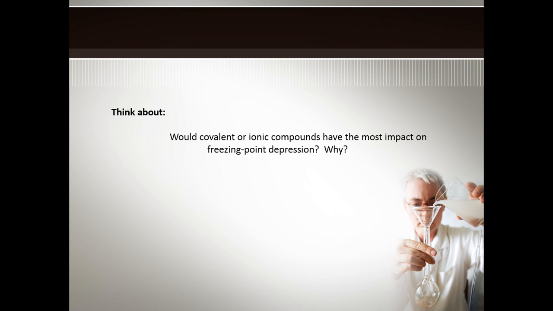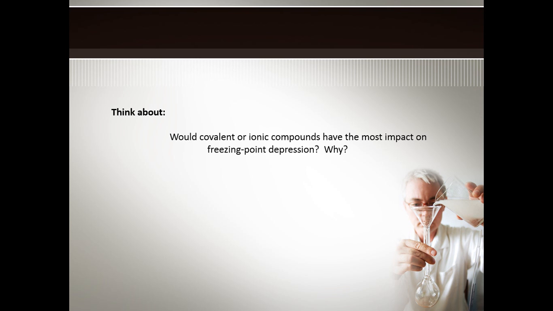So think about a couple things. Would a covalent or ionic compound have the most impact on freezing point depression? Okay, so if you look at our equation, you have delta T equals negative i times Kf times m.